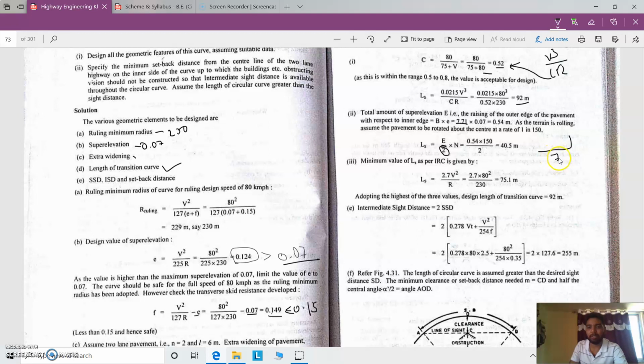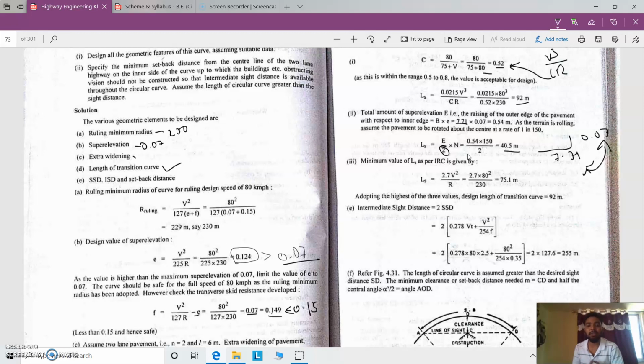Like this, 7.71 and 0.07, multiply these two values, then you will get E. Then substitute with N, 0.54 and 150 by 2, that will be 40.5 by the second assumption.